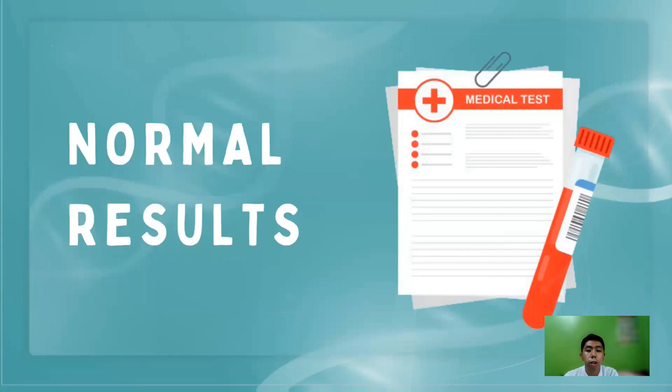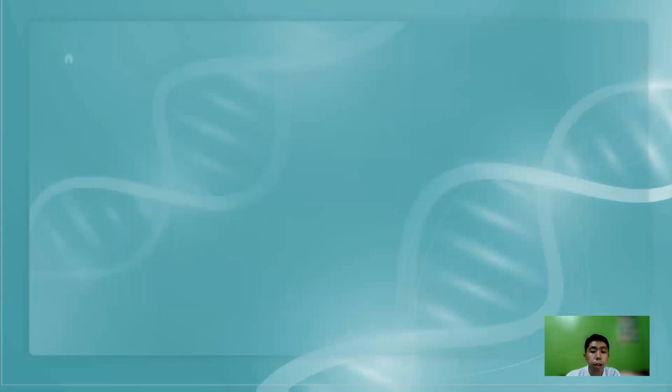Normal result. Reference ranges vary from laboratory to laboratory and also depend upon the method used. However, normal values are generally framed by the range shown in the table. Values for enzymes are based upon the measurement at 37 degrees Celsius.